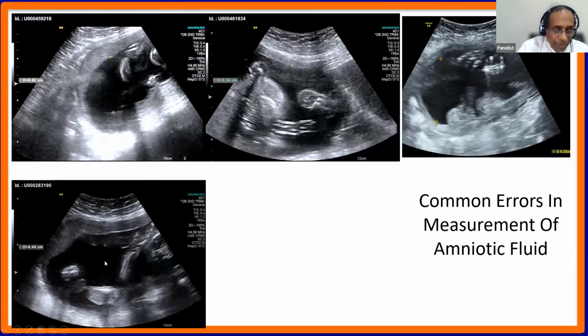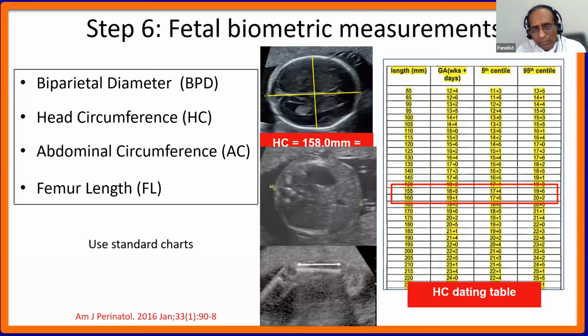The last step, of course, is the biometric measurements, which is biparietal diameter, head circumference, abdominal circumference, femur length. These are the basic measurements. We can do extended measurements like transcerebellar diameter and lateral ventricular measurement. Now, once you do the biometry, there are two reasons why you do the biometry in the second trimester.